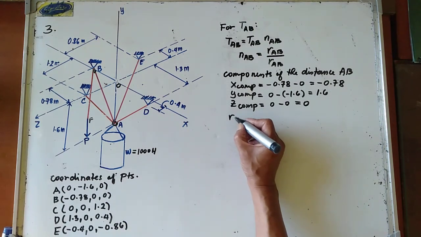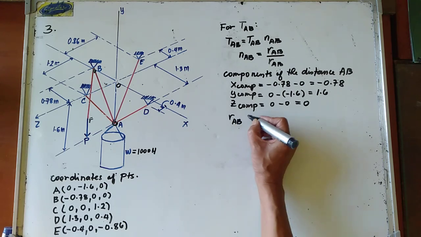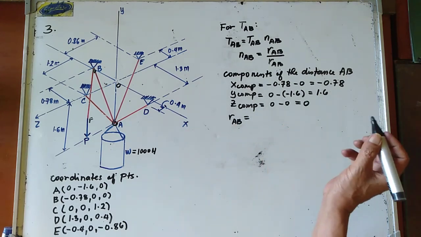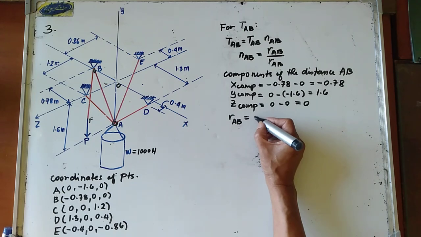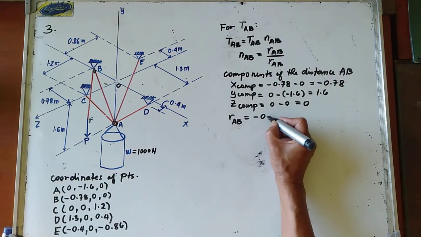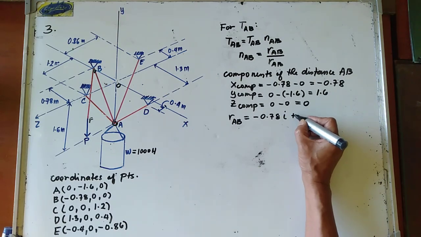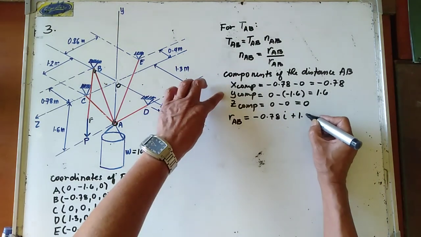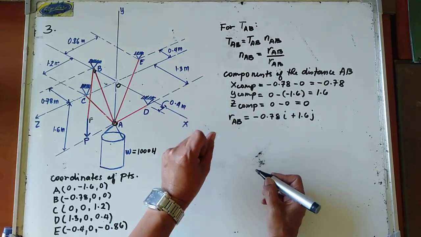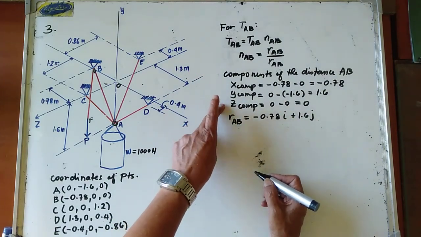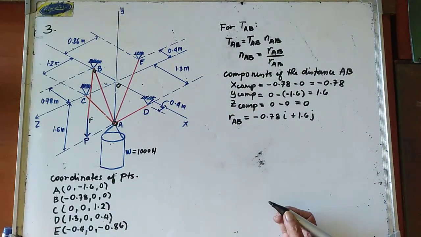Hence, your position vector in the direction AB is now minus 0.78i plus 1.6j. Okay, so Z component is equal to 0.